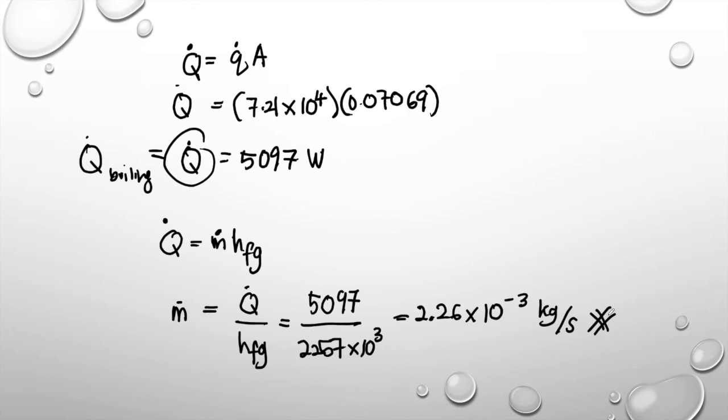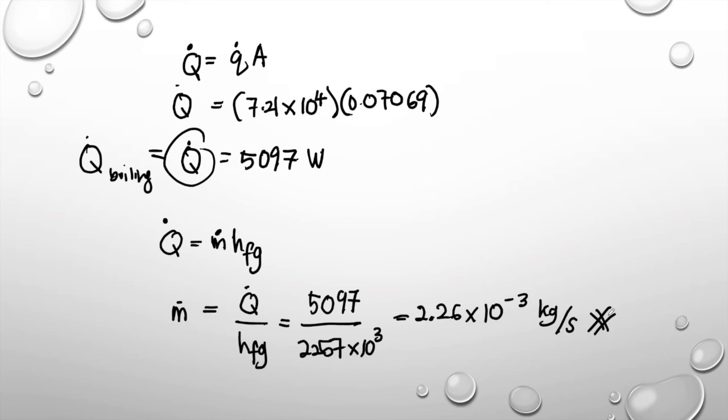Again, what you have to do first is determine the delta T excess. These are the steps to follow before you determine which region and which equation is suitable for the problem, specifically for boiling.